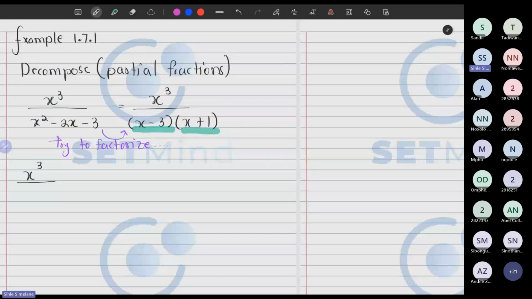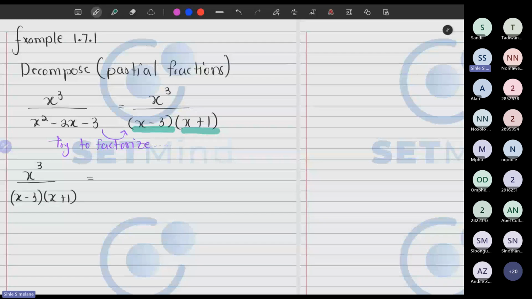It is not a quadratic factor or anything after factorizing. Because there's cases where you genuinely cannot factorize. Then you would leave it as a quadratic factor, but this is a linear factor. Do you understand why? Yes, we understand. Okay, so what we should do is we'll have our x minus 3 and then times our x plus 1.